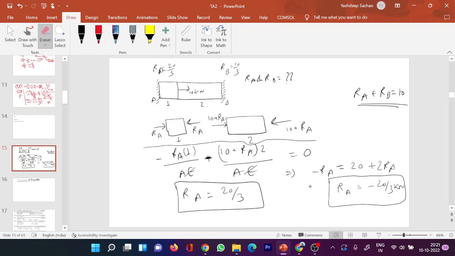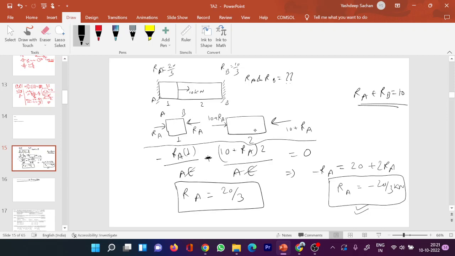Actually, it would be the tension, but magnitude would be this. Here we have assumed the first part is in compression, but actual condition would be different. Same here we can put minus 20 by 3.